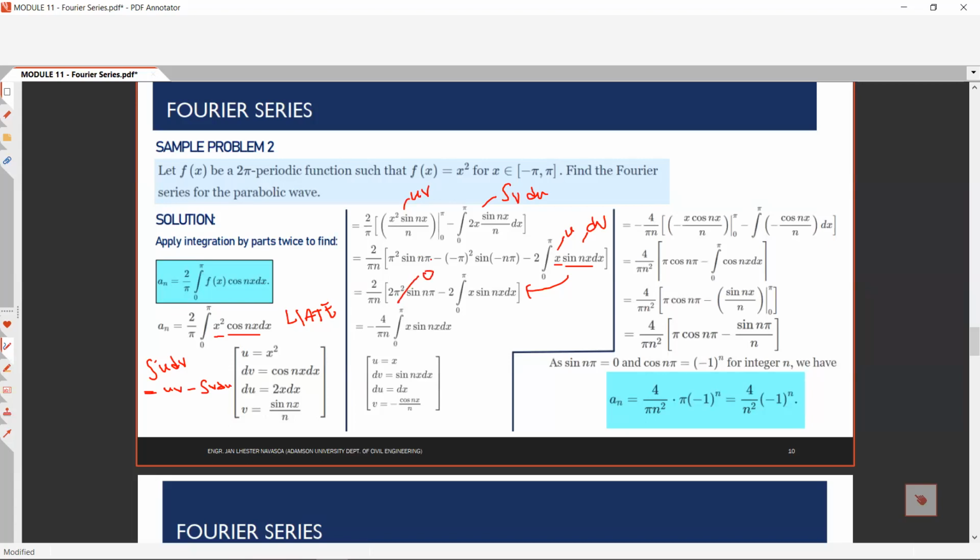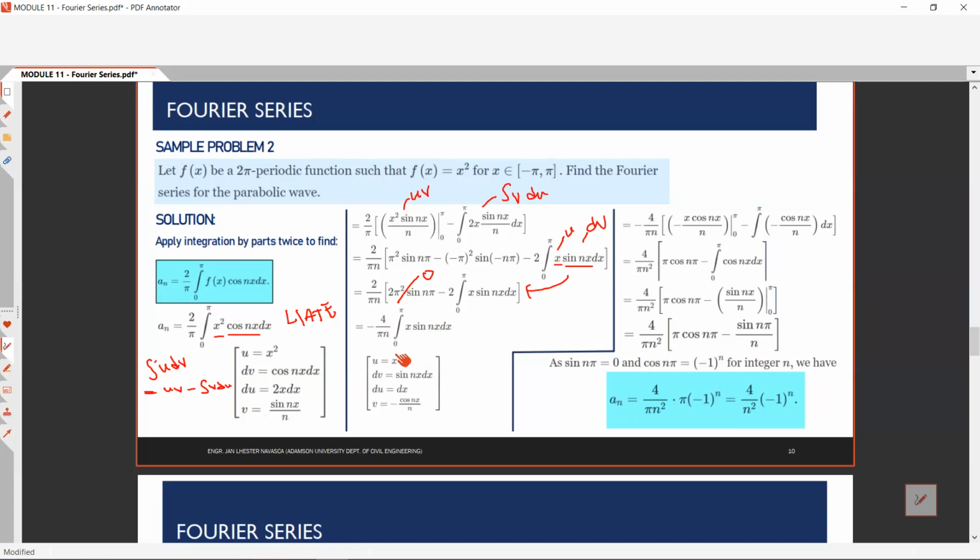This one will be 0, and what you have left is negative 4 over n pi, integral of x sine nx dx. In case you were confused about why it disappeared.